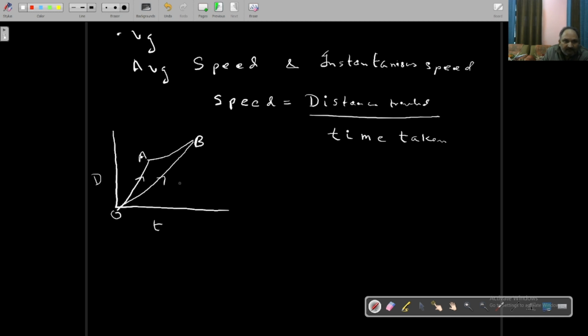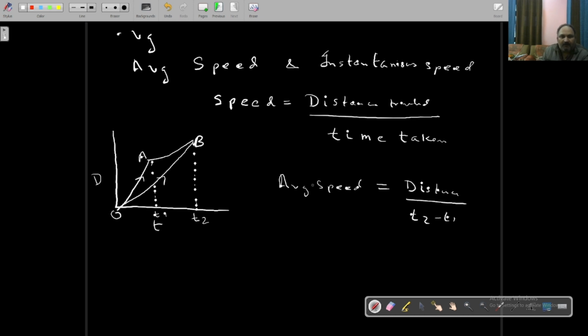Suppose the particle travels from A to B from time t1 to time t2. Then average speed is equal to the distance of the path upon the time elapsed, that is t2 minus t1.